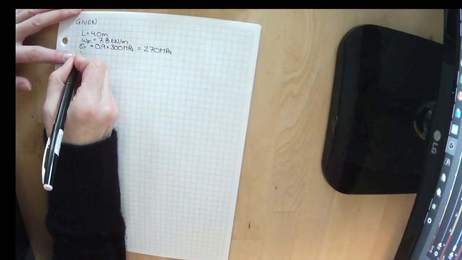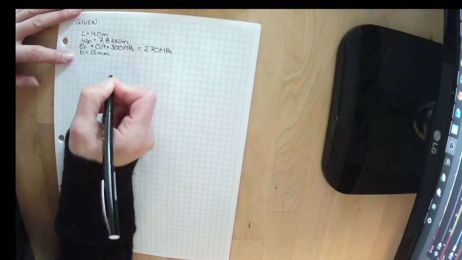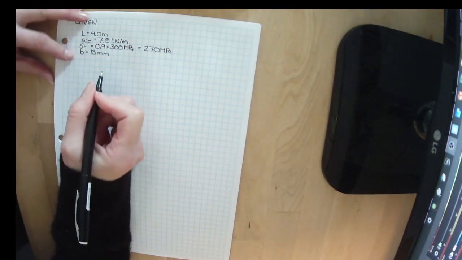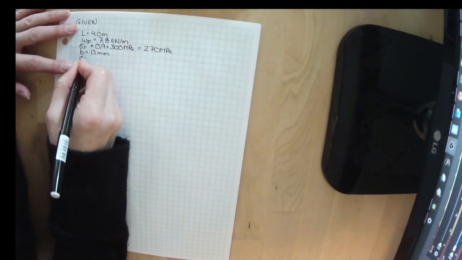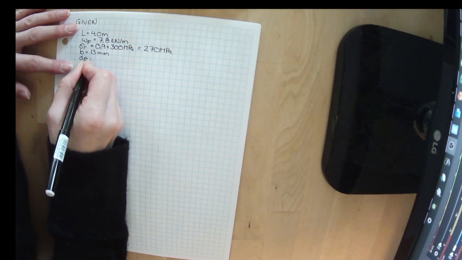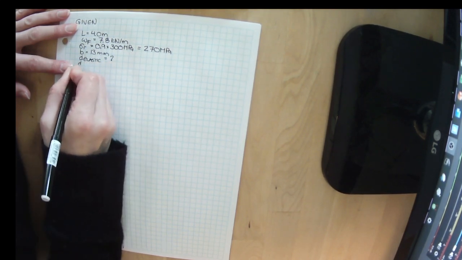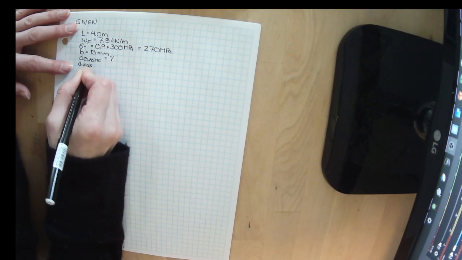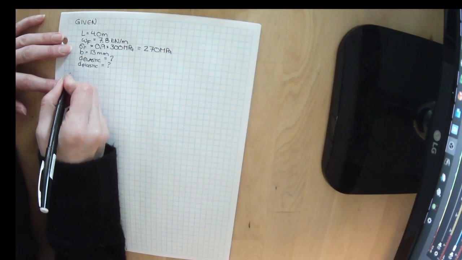They've given us that B equals 13 millimeters. They've asked us to calculate what depth beam we need for D elastic and D plastic. So let's start with the elastic one.